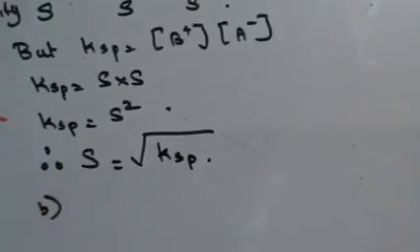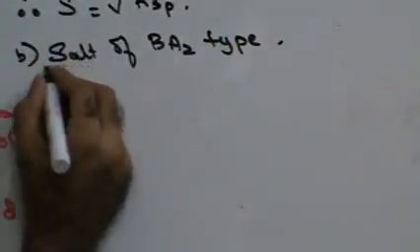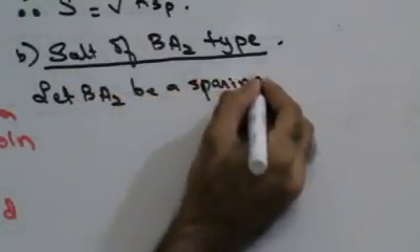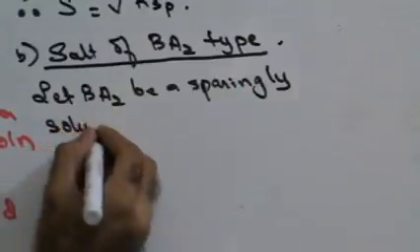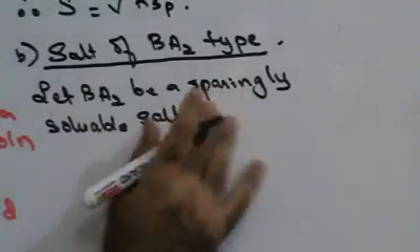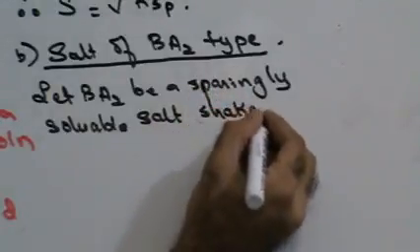Next, let's consider another kind of salt. Let's consider a salt of type BA2. Same assumptions again. Let BA2 be a sparingly soluble salt shaken in water.